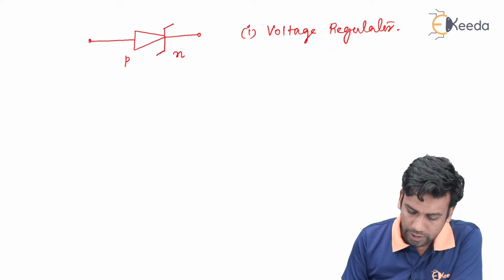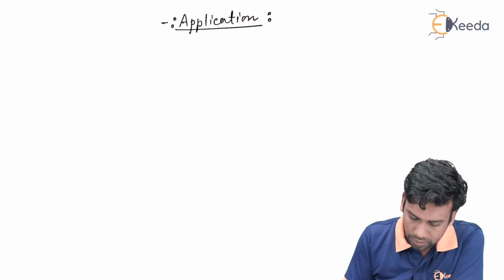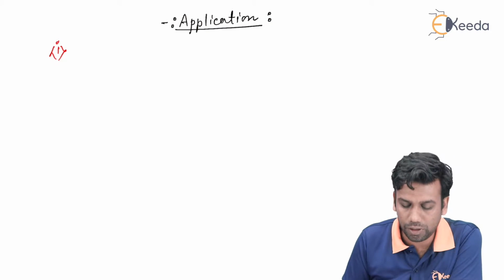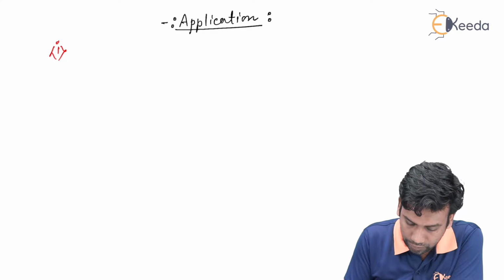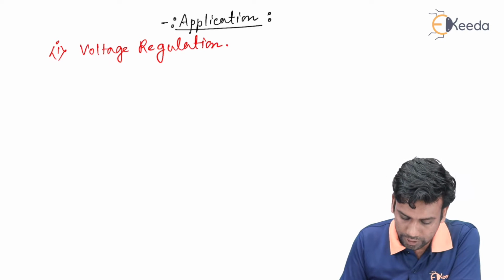So the first application of a Zener diode is voltage regulation.